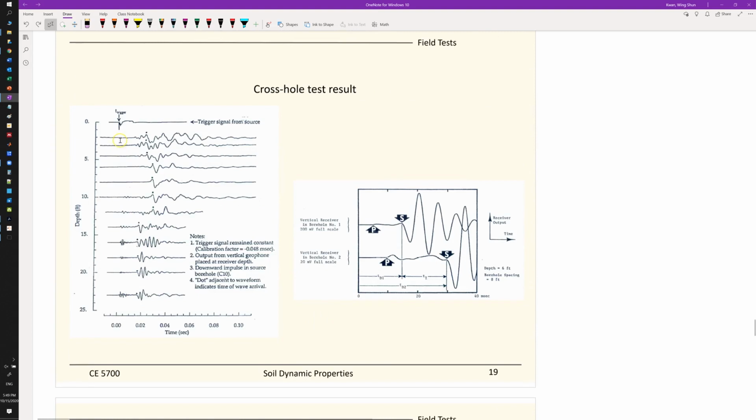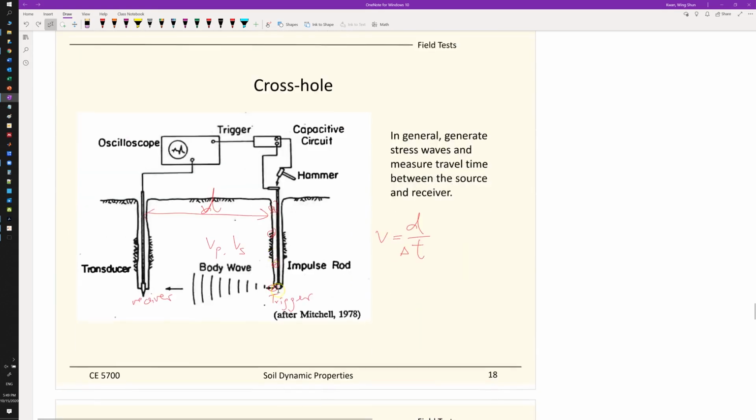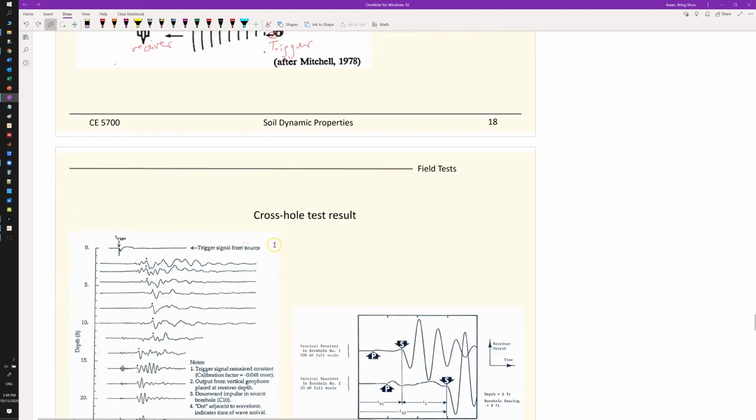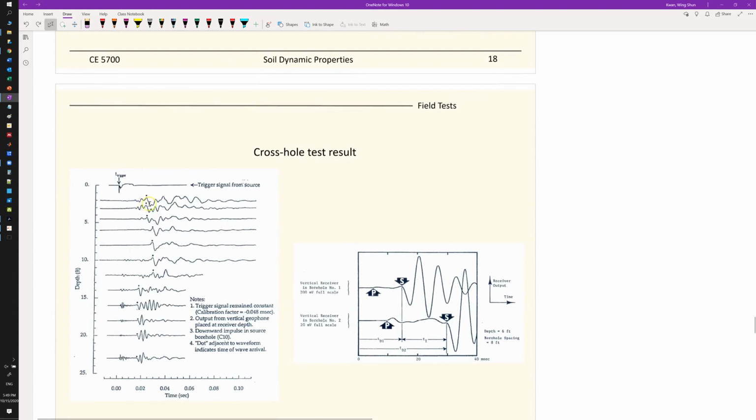This is a crosshole test, so you do it one by one at different locations. With the trigger and the receiver, through different times you can identify the arrival of the shear wave. This is the trigger, and this is the receiver. The time difference here is delta t, so you can identify the arrival time. You know the time, you know the distance, then you can calculate the shear wave velocity.